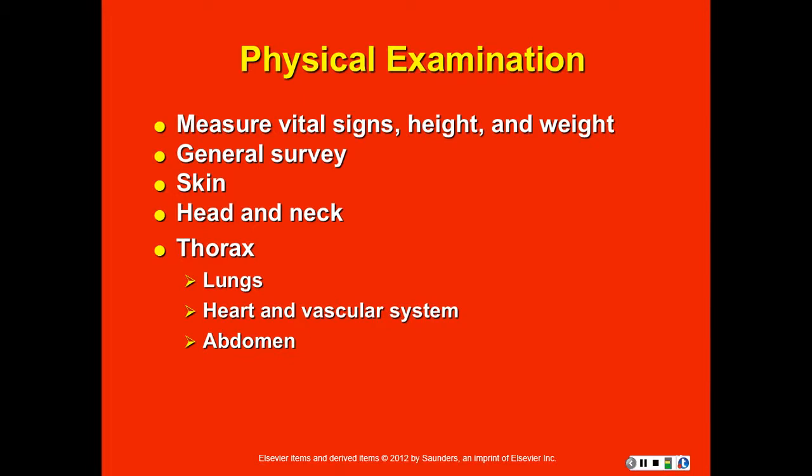Just want to make sure that you're checking it on both sides. Remember, it may not be an anemia issue. It may be a circulatory issue. And again, we're checking their blood pressure. The blood pressure is usually a little bit lower systolically in a patient who has anemia than it is in somebody who has normal blood values.